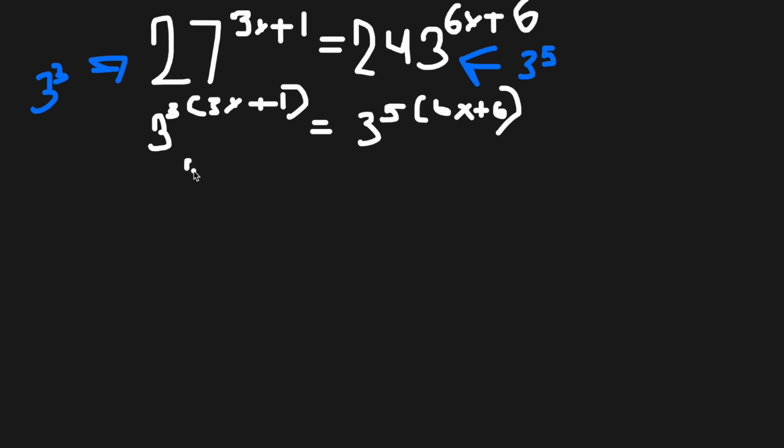Now we're going to combine these together. It's going to be 3 to the power of 9x plus 3, equal to 3 to the power of 30x plus 30.